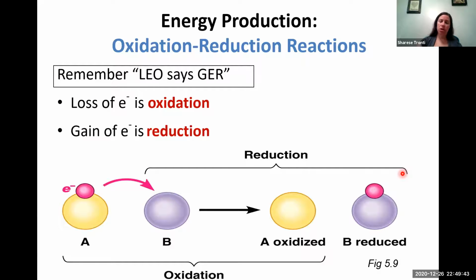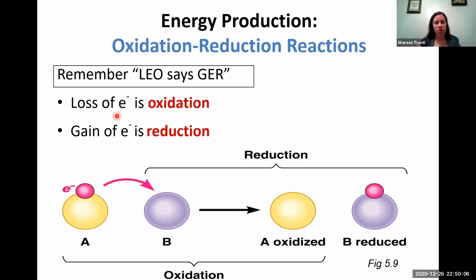All right, switching away from enzymes. Now we're going to talk about redox reactions. First of all, oxidation is the loss of electrons, and reduction is the gain of electrons. It's 100% okay if you have to think. LEO says GER. I still have to think of it too, so it's okay.